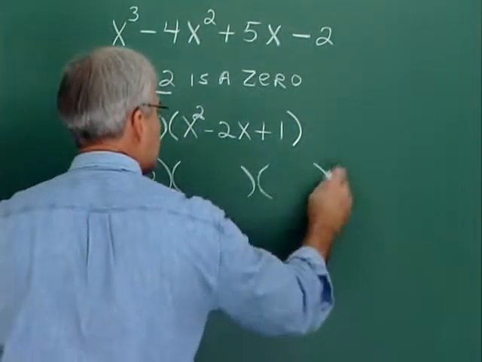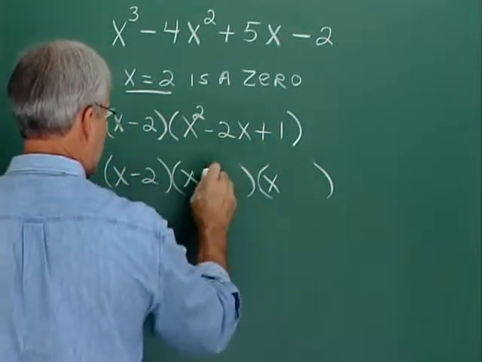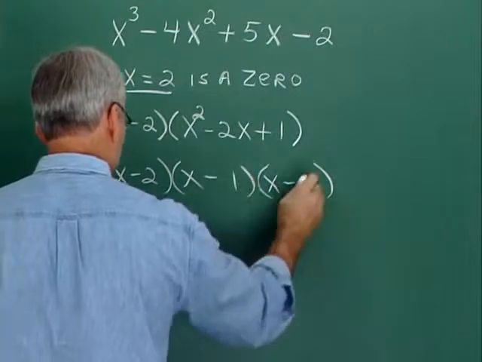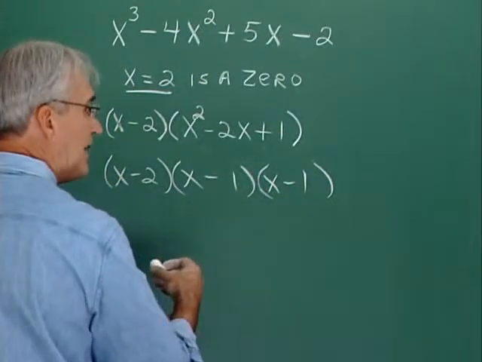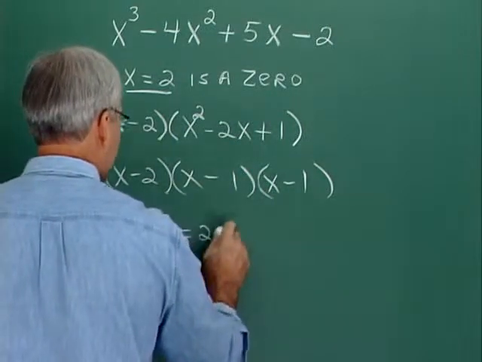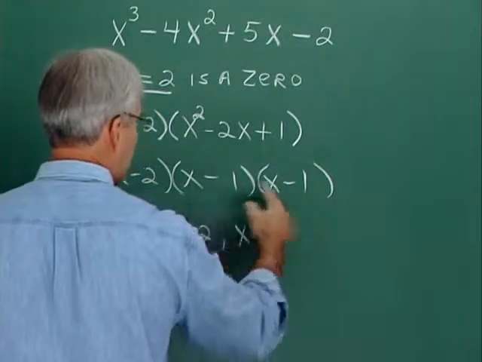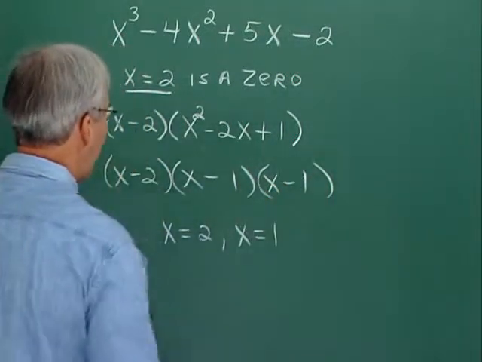And then setting up for this part, we have x times x, plus sign here, minus, minus, factors of 1, 1, and 1. So here is the factored form, and our zeros then for our polynomial are x equals 2 and x equals 1. Now notice that we could write this part as x minus 1 squared.